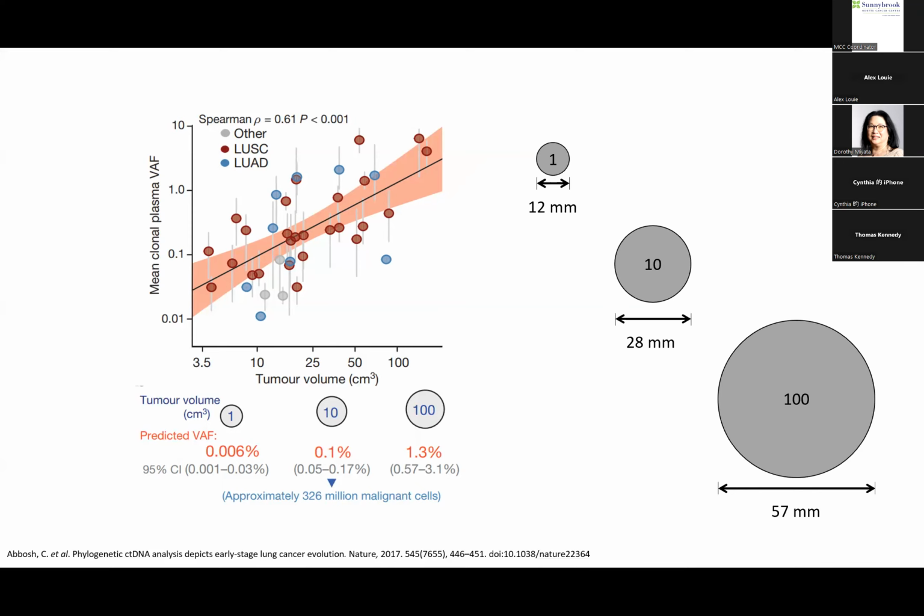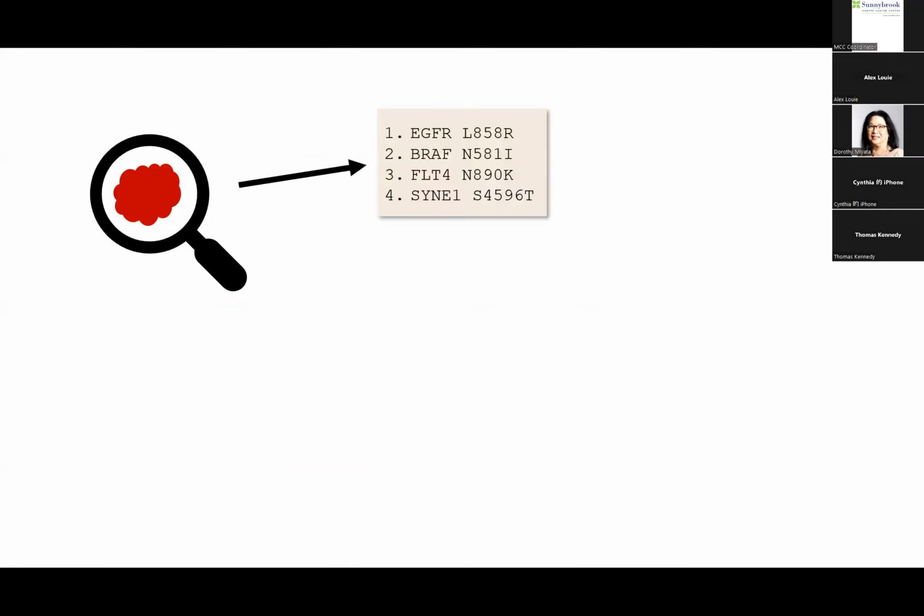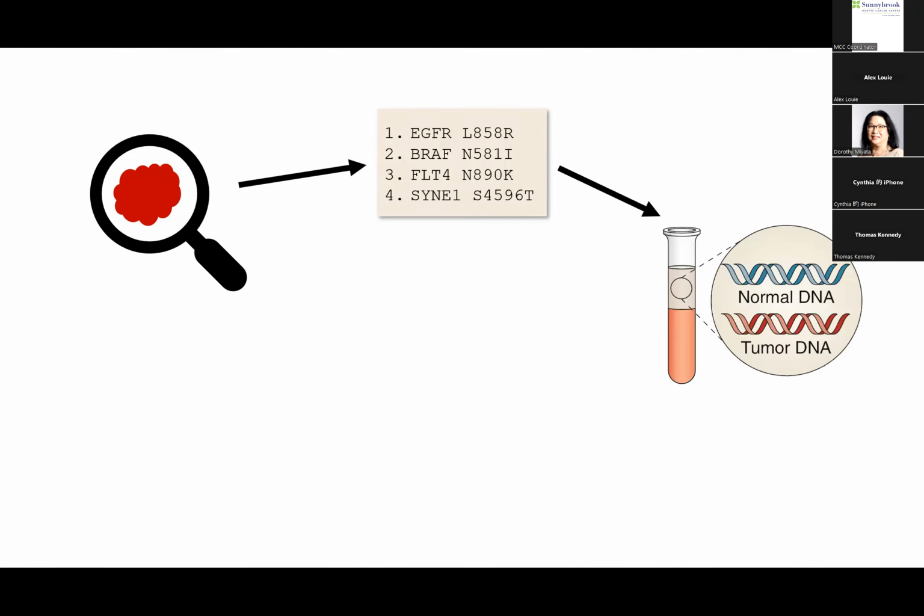One potential way of improving the sensitivity of these assays is to use a bespoke or tumor-specific assay. And this is where we take the tumor, we identify mutations that are present in that, and use that to design an assay specific for those mutations.